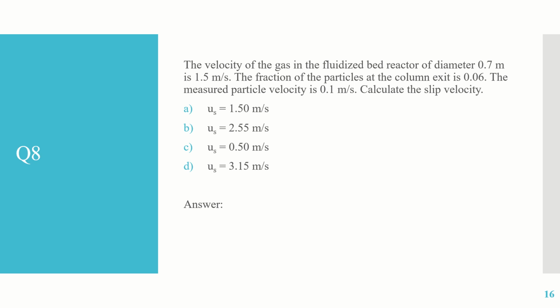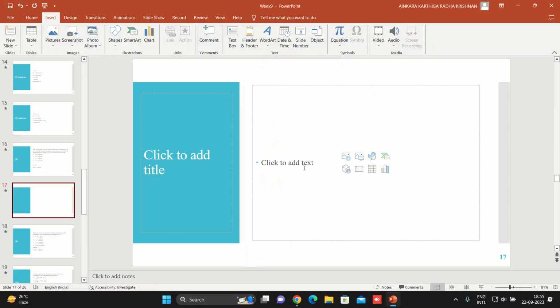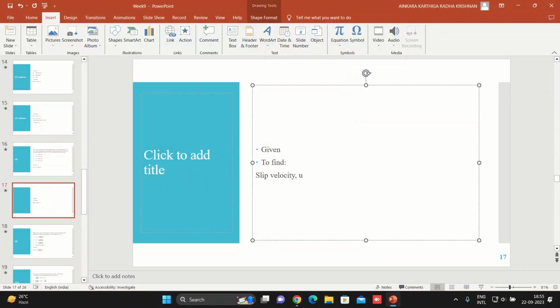So we'll solve this similarly to the last one. We'll write the given, and to find, we need to find the slip velocity, US.